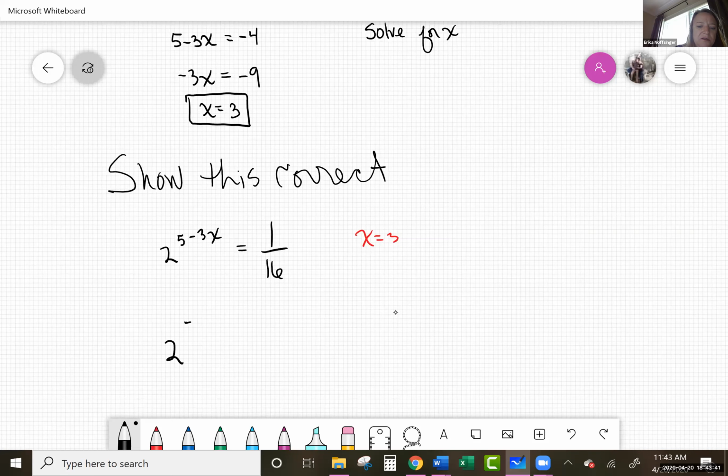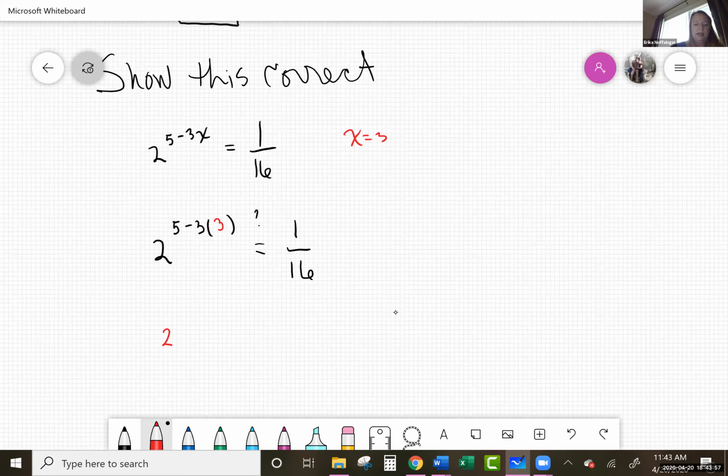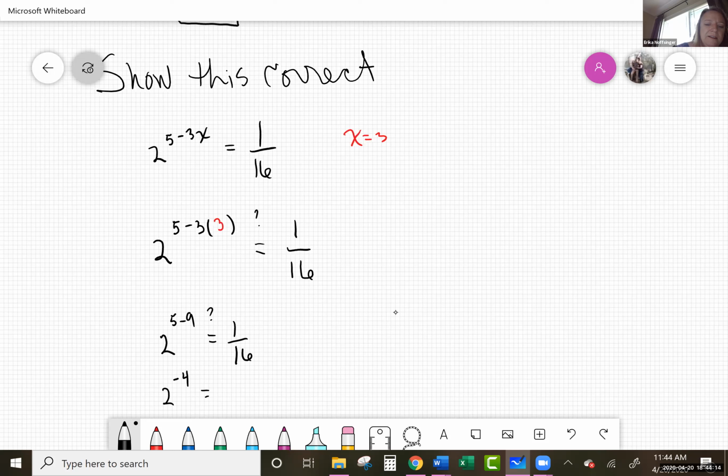So this is saying 2 raised to the 5 minus 3 times, I'm going to put parentheses where I see that x, is equal to 1 over 16. So order of operations, multiply first. 3 times 3 is 9. So 5 minus 9 is negative 4. Is 2 to the negative 4 power equal to 1 over 16? And it is.